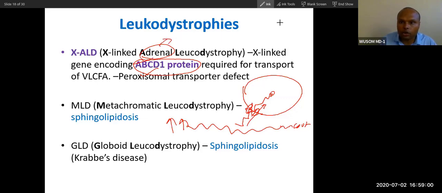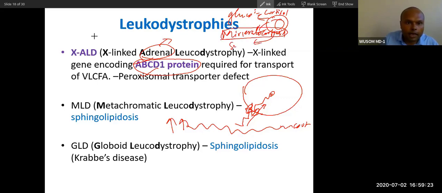The adrenal cortex has 3 hormones: glucocorticoid, cortisol, second is mineralocorticoid, and third is sex corticoid. So in such patients, mineral imbalance will be there.